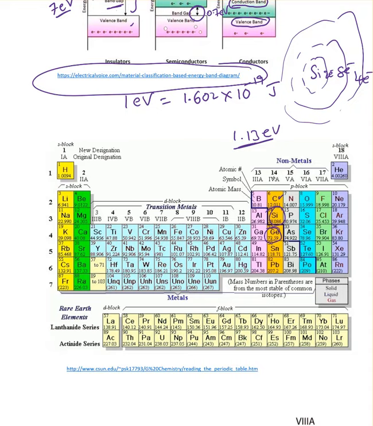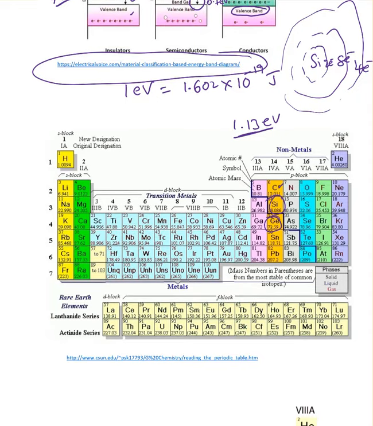If you look at the fourth group and 14th column, there you will find the elements which have 4 electrons in the outermost orbit. But silicon and germanium are the best semiconducting materials, and silicon is the cheapest material. Silicon is nothing but sand.